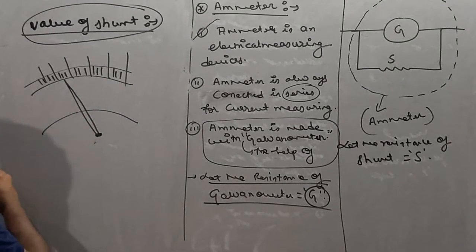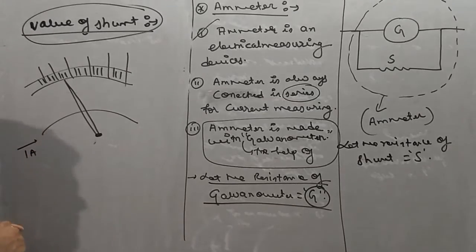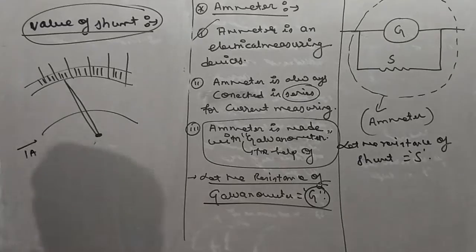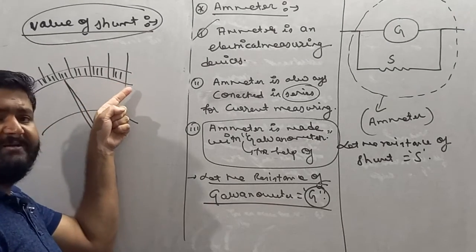Let's suppose I apply 1 ampere current in this galvanometer. The needle shows a small deflection. Now I apply 2 ampere current, and the needle shows some more deflection.